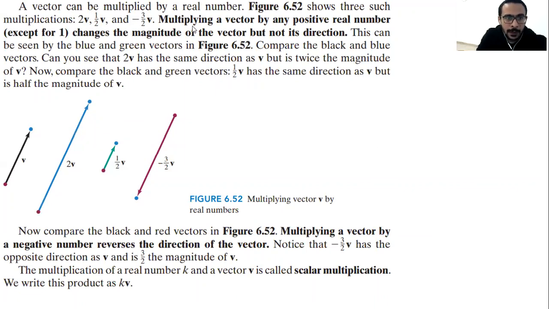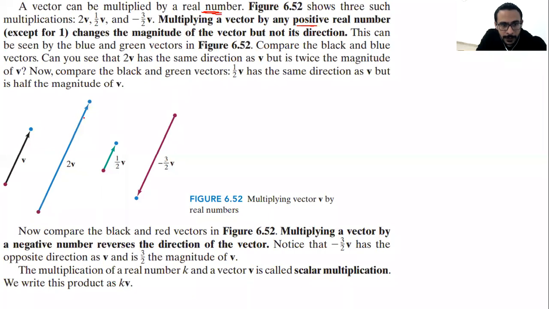Okay. Now a vector can be multiplied by a real number. Figure 6.52 shows you that multiplying a vector by a number like 2, like half, like negative 3 over 2. If we multiply by any positive real number except one, it changes the magnitude of a vector but does not change its direction.